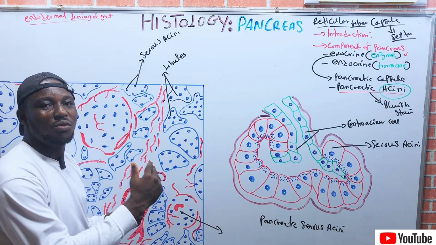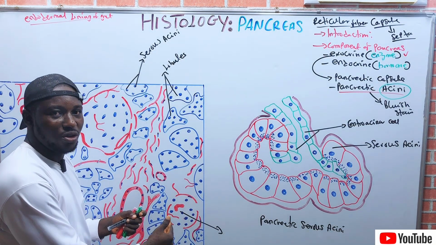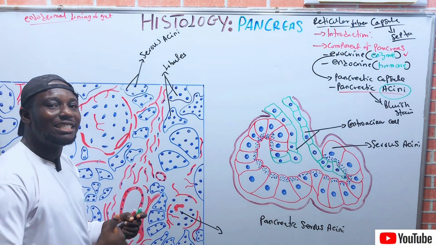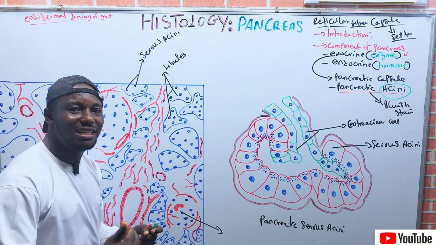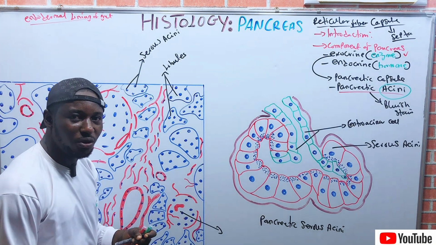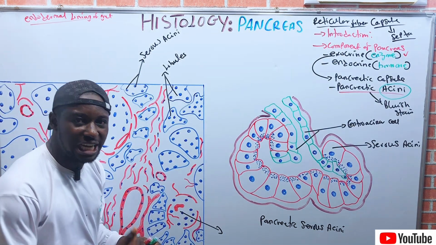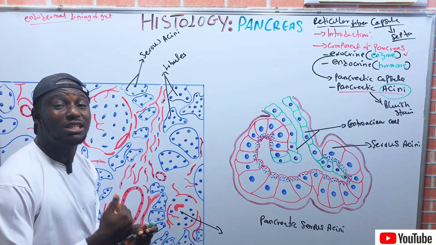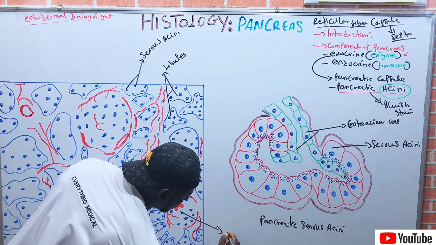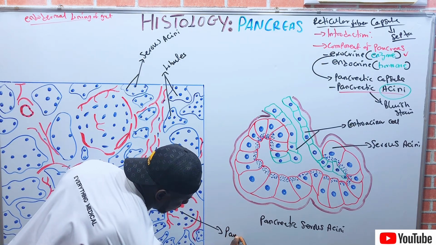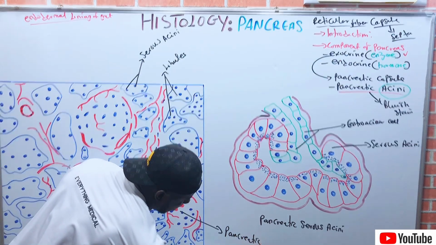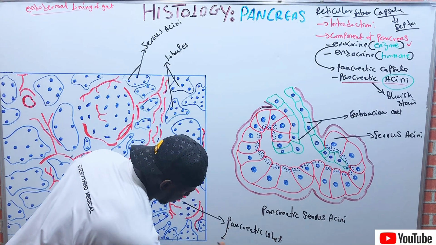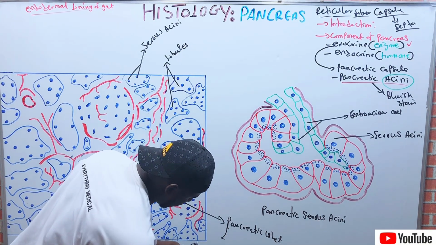Here is that cell aggregation, which is quite different from the acinar cells. That exact aggregation of cells is called the islet of Langerhans, which can also be called the pancreatic islet. This is the pancreatic islet or islet of Langerhans.